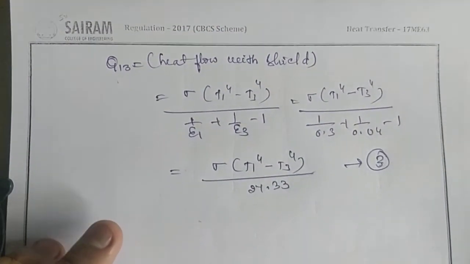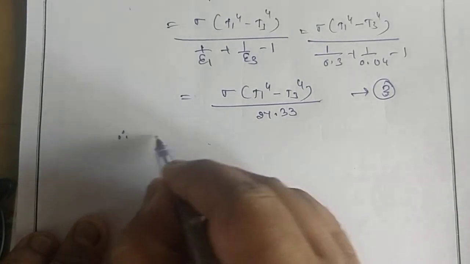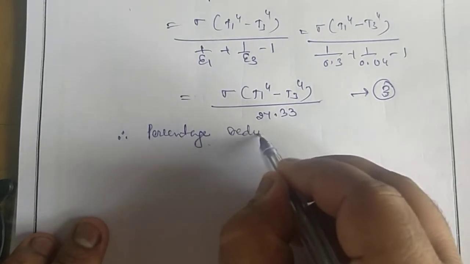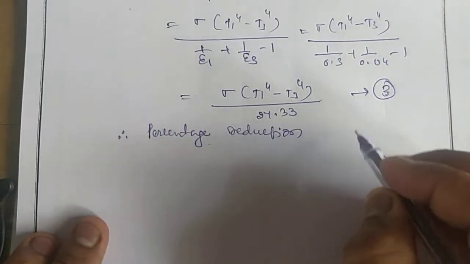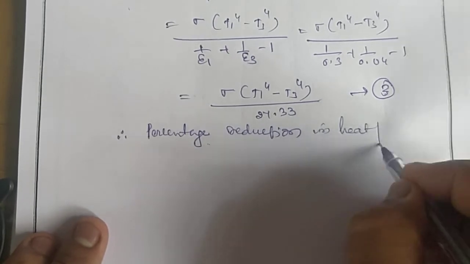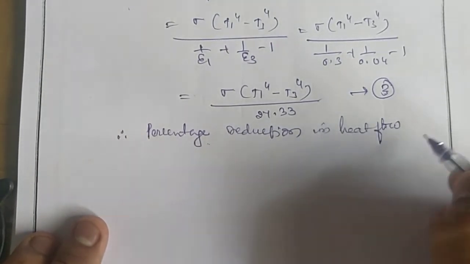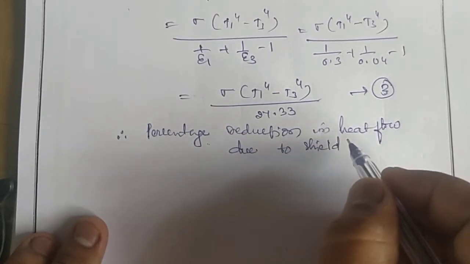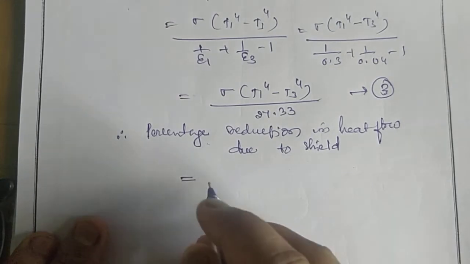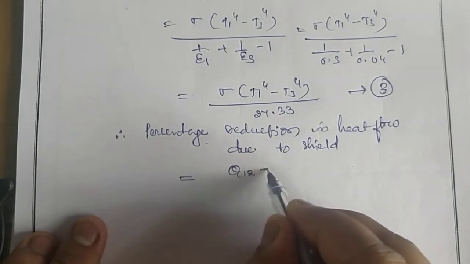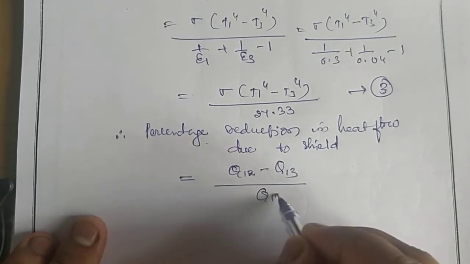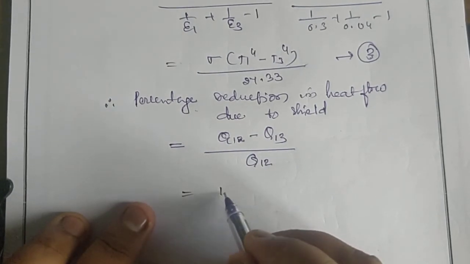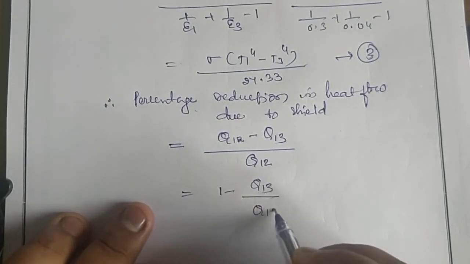Once you have this, now you calculate the percentage reduction in heat flow due to the shield, that is Q1 to 2 minus Q1 to 3 divided by Q1 to 2, which is 1 minus Q1 to 3 divided by Q1 to 2.